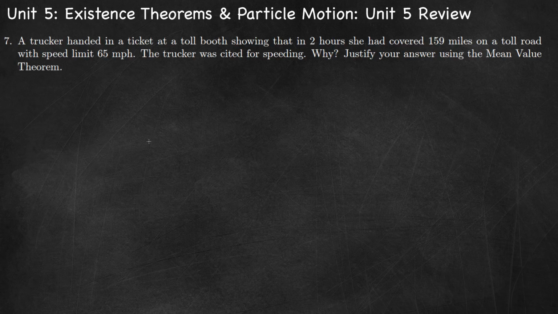We can calculate her average rate of change, or her average speed on this trip. We know that she traveled 159 miles in 2 hours, and the average rate of change is just going to be her change in position, which is 159 miles, over the change in time, which is 2 hours. So the units here would be miles per hour.